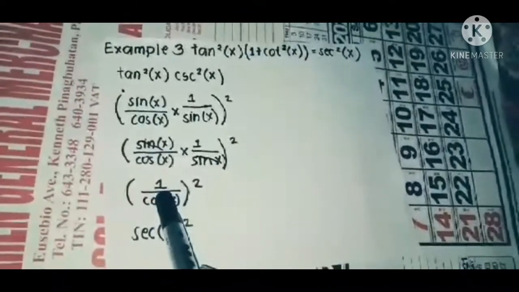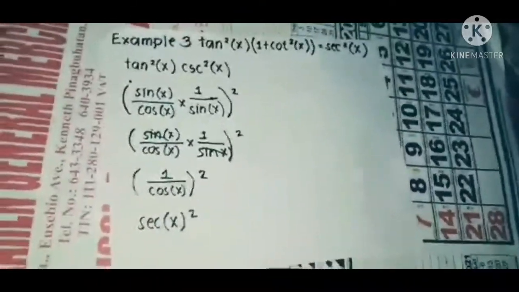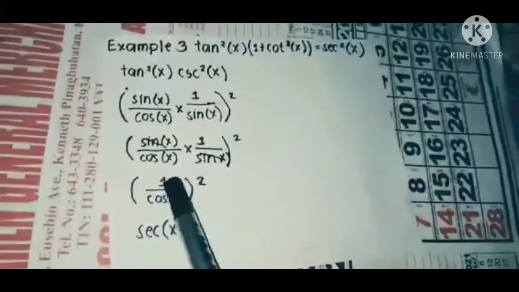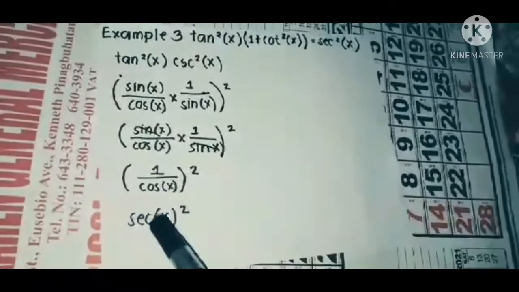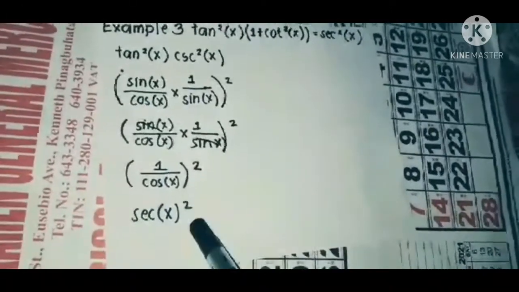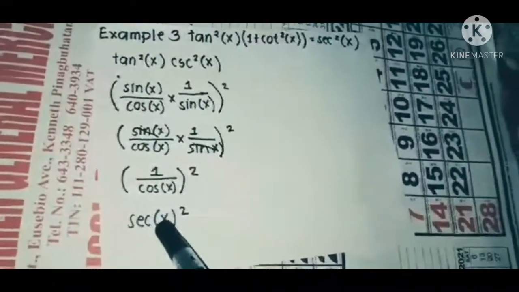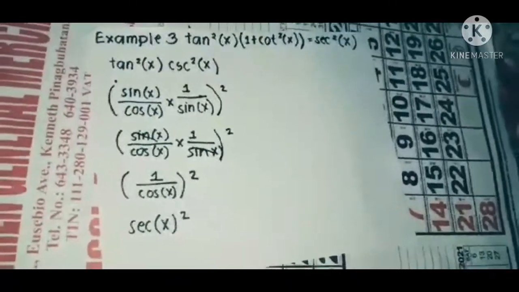In this part, I use the reciprocal identity for secant, and I get the simplified trigonometric expression, secant squared x, which is equal to the right side of our example expression.